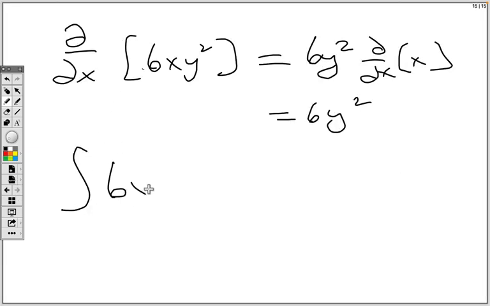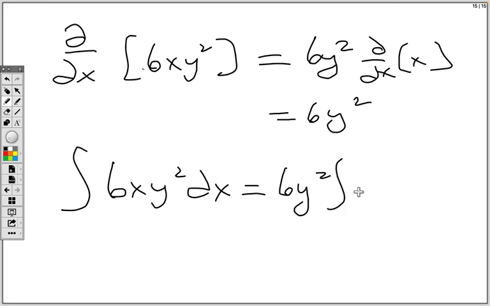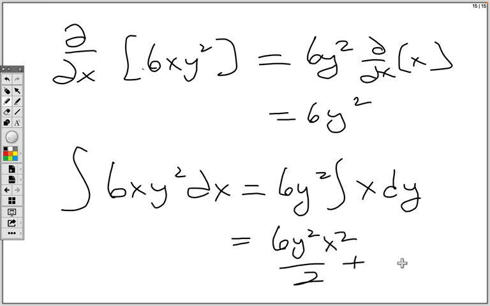If I wanted to integrate 6xy squared with respect to x, y is no longer tied to x. y is no longer a function of x. So we'll just treat the 6 and the y as constants. We'll just move those out. And now we can integrate. But here's where we're going to have to be a little careful if we have indefinite integrals. I'm sorry, it should be dx, yeah.